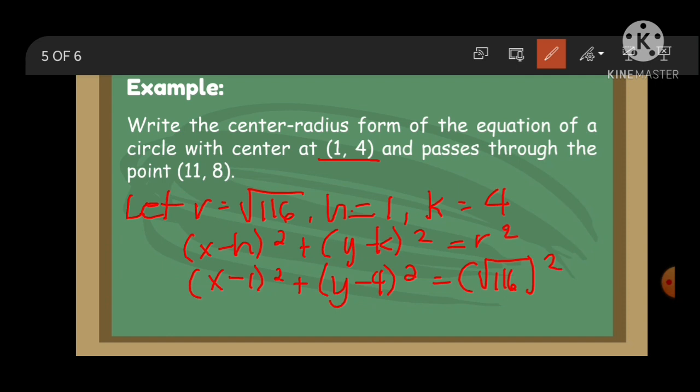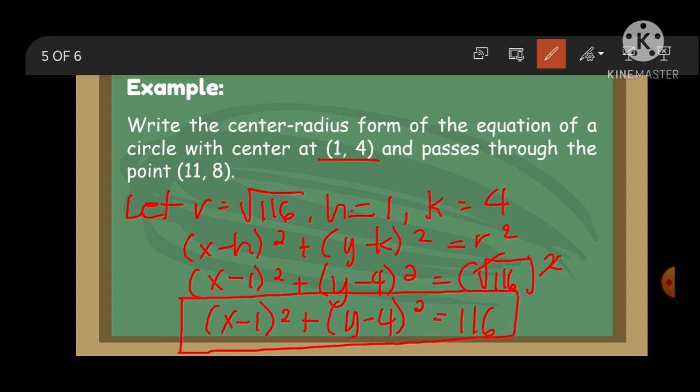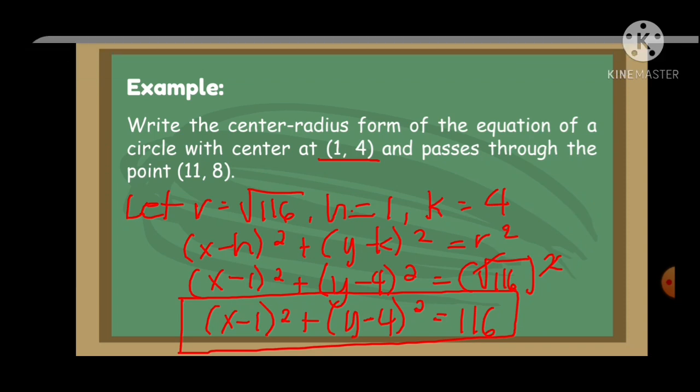So let us copy (x - 1)² + (y - 4)² = the square root of 116 raised to 2, which is equal to 116, because we are going to cancel the radical sign and the exponent. So we have here 116. Now this is the equation of the circle in center radius form.